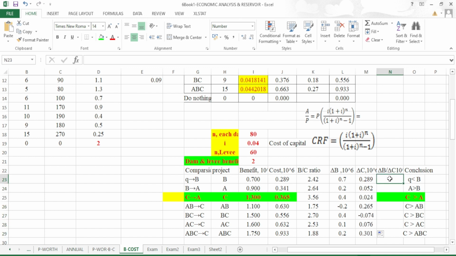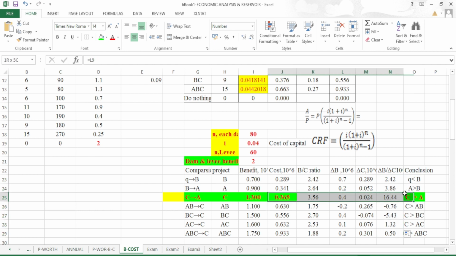Finally, you can estimate the change of benefit to change of cost ratio by dividing 0.7 by 0.289. Then you can drag down this one.